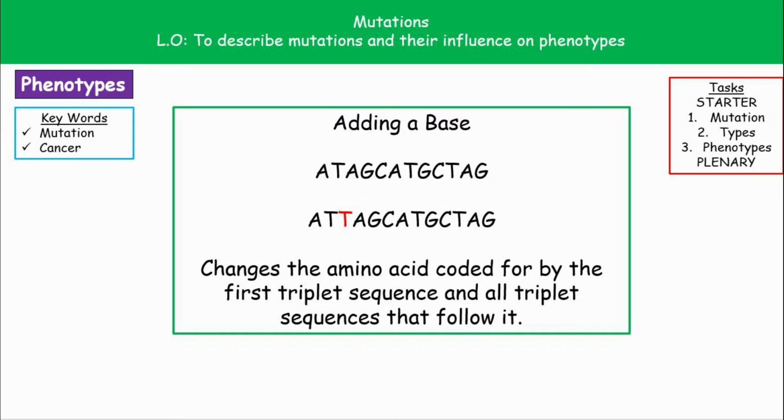So rather than having ATA, then GCA, then TGC, etc., we've got ATT, AGC, ATG, and so on. So it's not just changed the first triplet, but it's changed all of the triplet sequences that follow it. So this is going to have much wider reaching impacts than just a single substitution of a base.